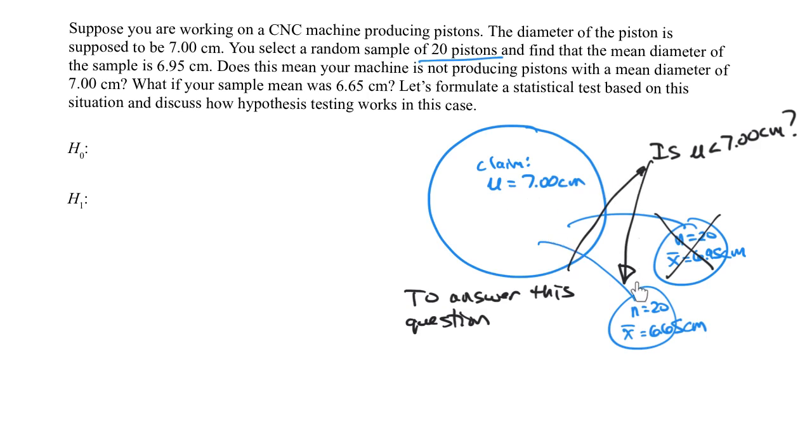To answer this question, is the population mean actually less than 7.00 centimeters, we need to figure out how likely we are to get this sample if this is really true. And we can do that. We can use Chapter 6 information to figure out the probability of getting this sample if this is really true.